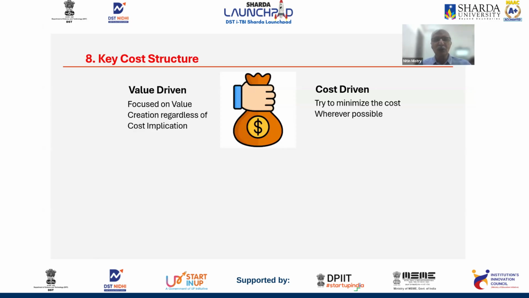The seats may also not be fully reclining, bare minimum for a short distance. So low cost airlines could be one example. DMart stores, again, are cost driven. Big Bazaar grocery sales are all cost driven, right? So these are the two different kinds of business. When you enter a business, you decide whether you are value driven or cost driven. Those are the two basic things about it, right?